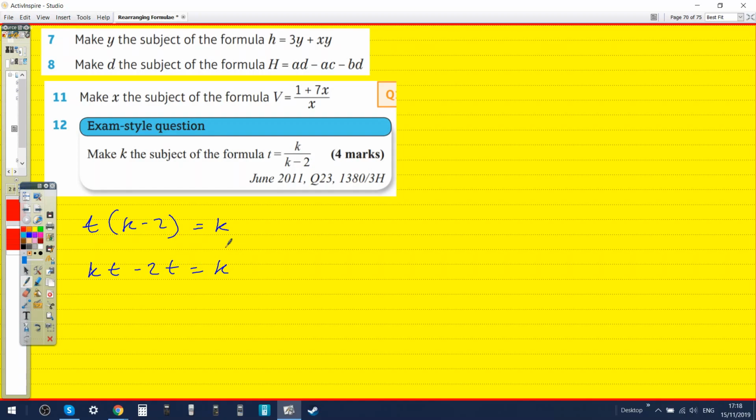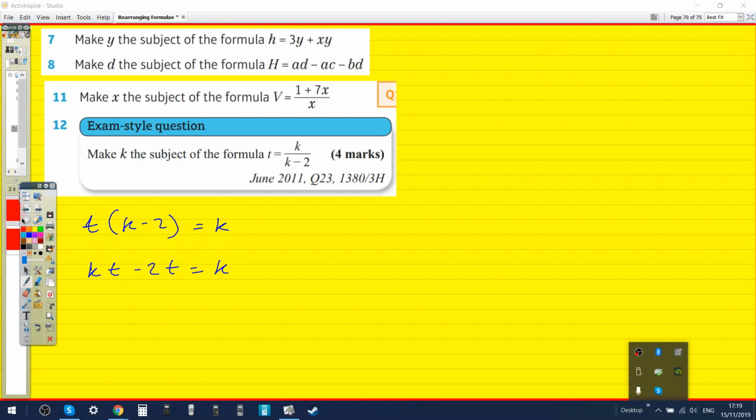And then factorize it again. So t brackets. Oh wait, that would be going back to what we already did. Divide by k on both sides.